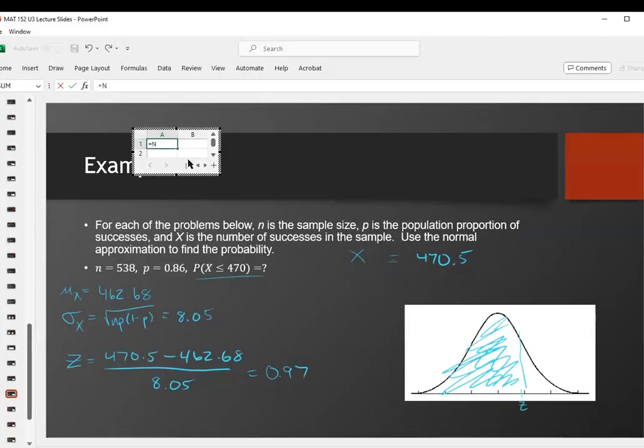Equals NORM.DIST, since we just want everything to the left of Z, which is 0.97, gives 0.8340. If we round, 83.4%.